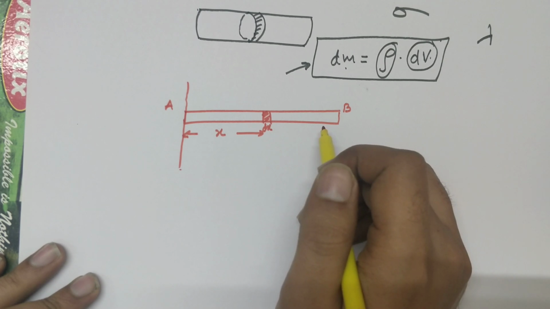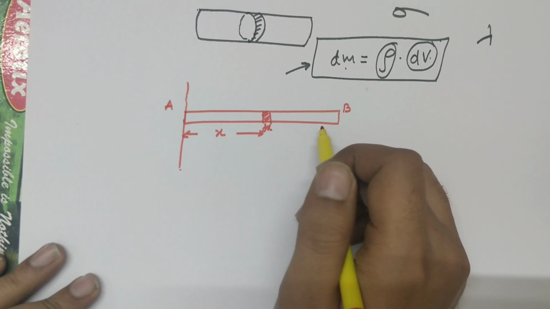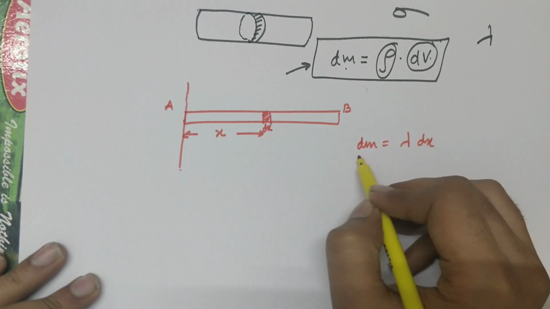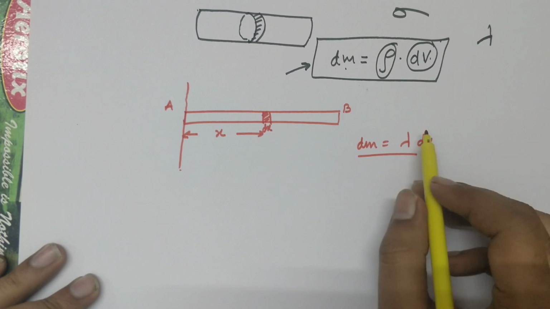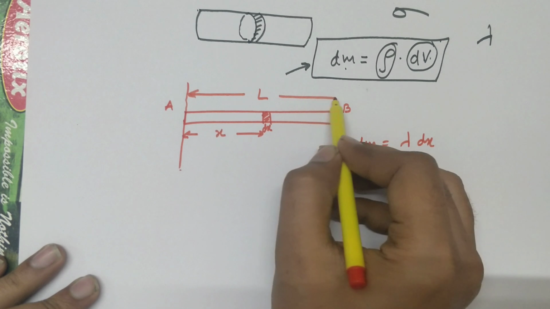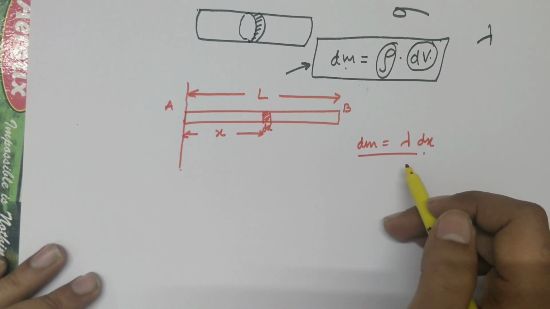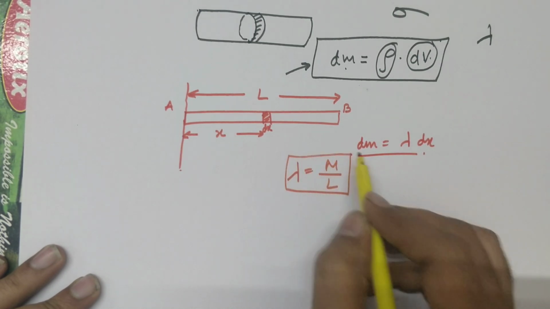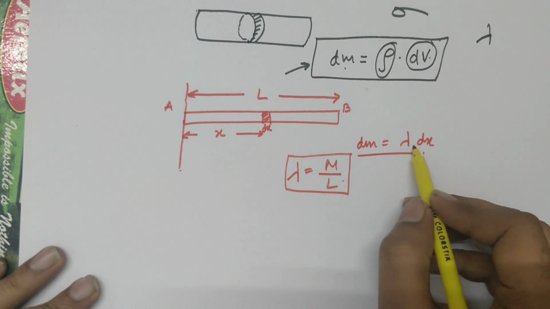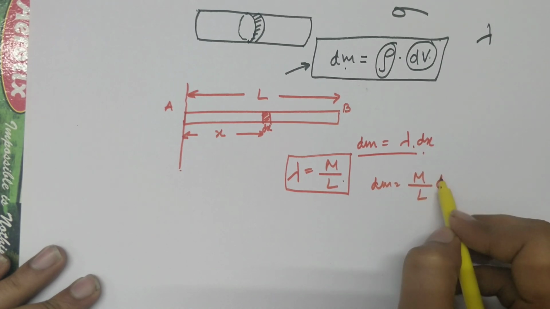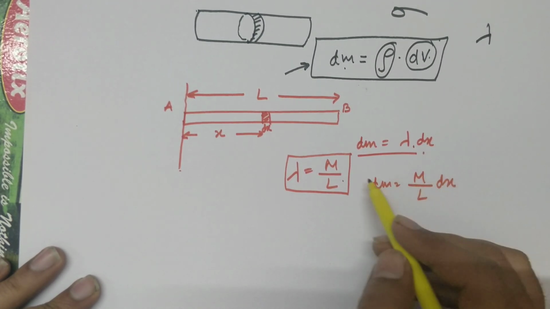For that, mass equals lambda dx, I have already discussed. Also, suppose the length of the rod is L and the linear mass density is lambda. So we know that lambda equals M upon L. So we can put this value here. So dm equals M upon L dx. So this will be the mass.